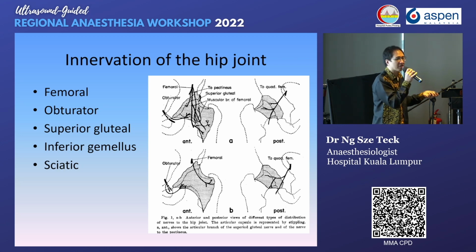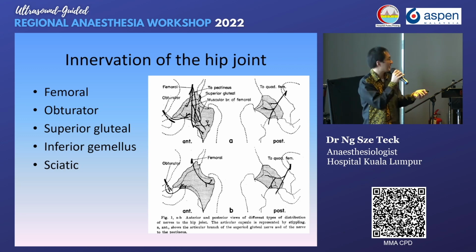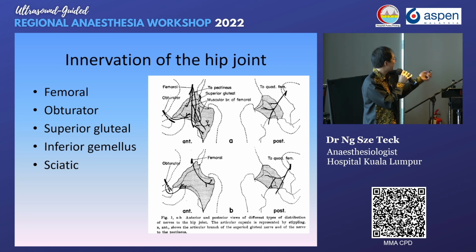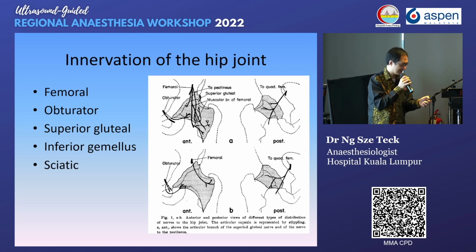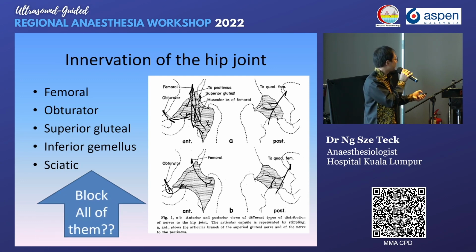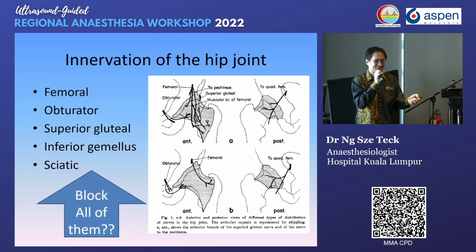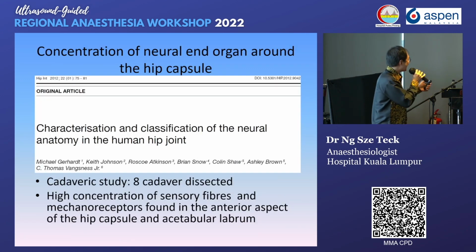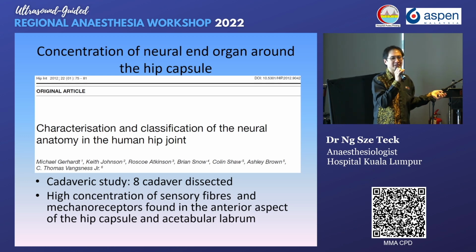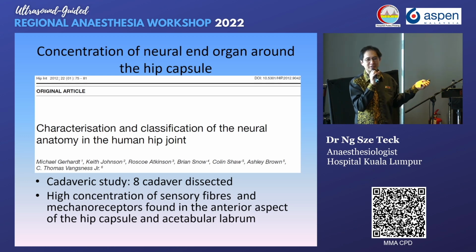The innervation of the hip joint is very complex. You get contributions from the femoral, obturator, superior gluteal, inferior gemellus, and sciatic nerves. So if you want to achieve analgesia for the hip, do you block all of them? What is this study trying to do? It's trying to say that for the hip joint, you don't need to block all the nerves above to achieve analgesia.